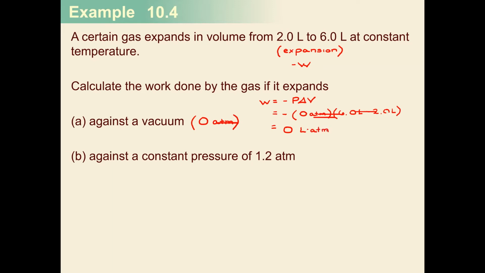This is because it takes no work to fight against a vacuum. That is not going to have a pressure pushing against us while we try to accomplish that volume change.